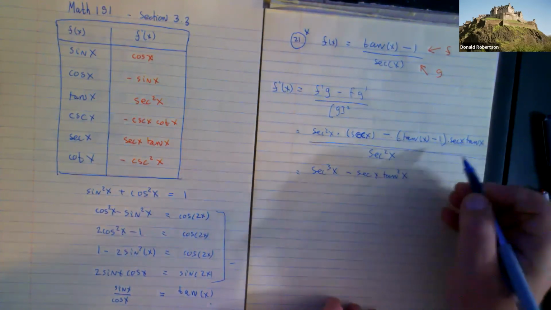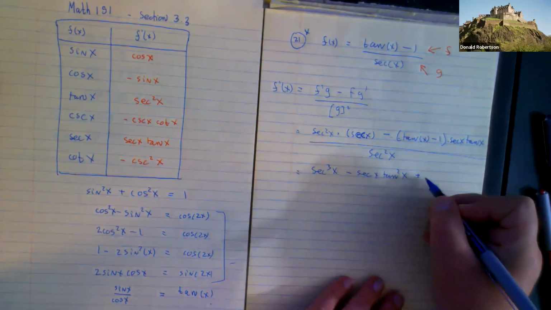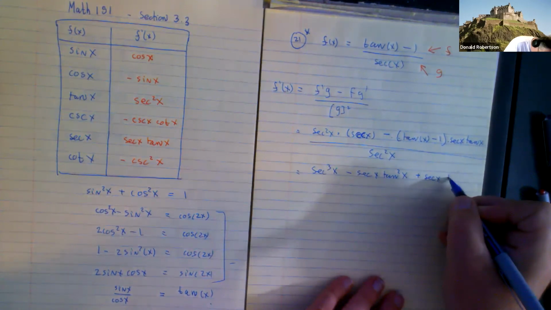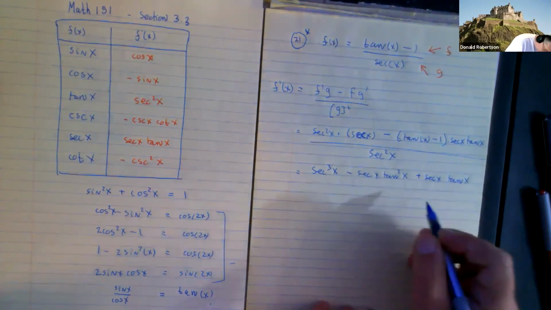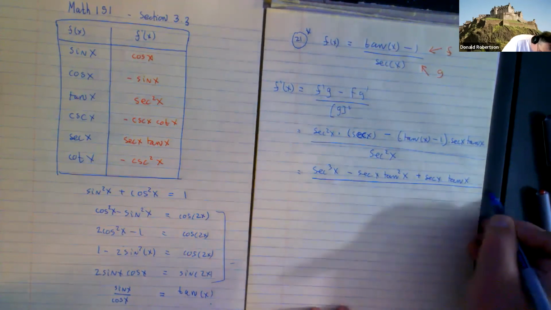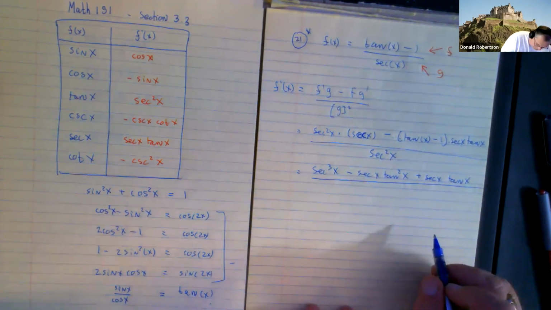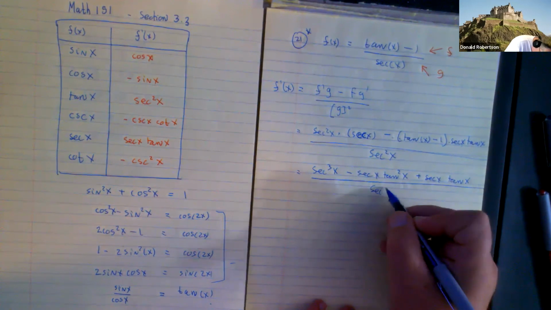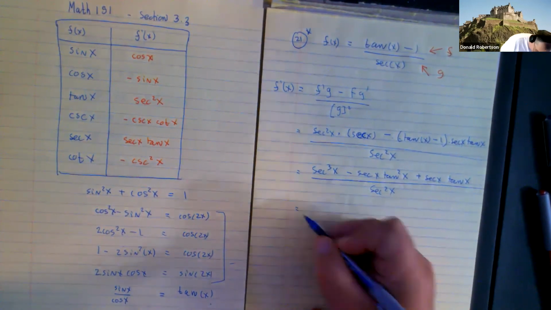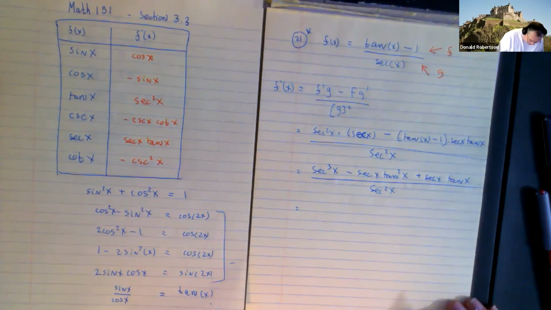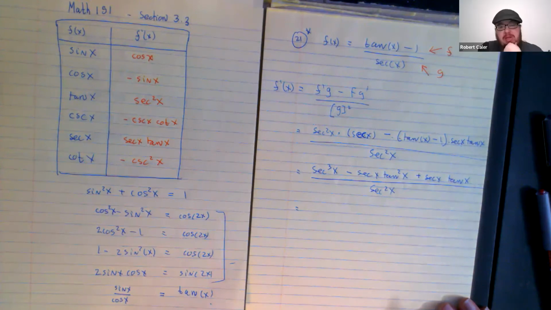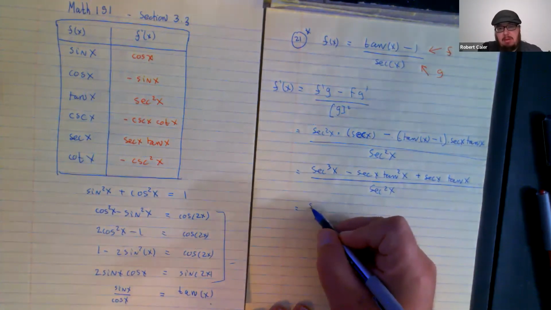And that times that gives me a plus secant x tan x, all over secant squared x. Is there anything you can see here that we could do, as far as style points, to the top? Pull out a secant x. Okay.